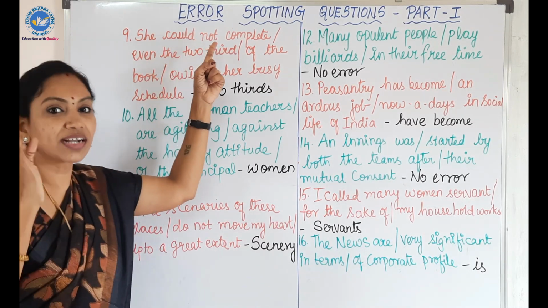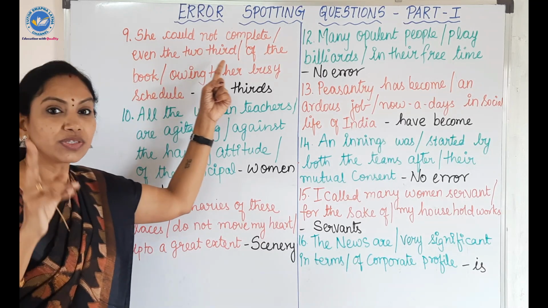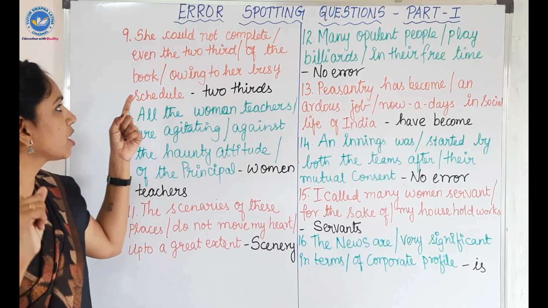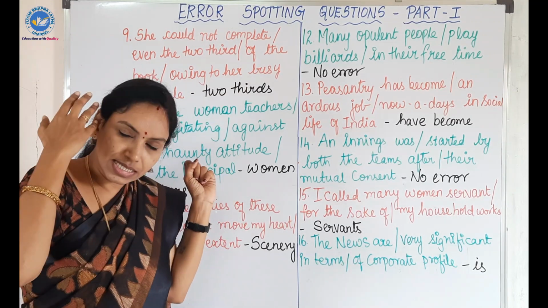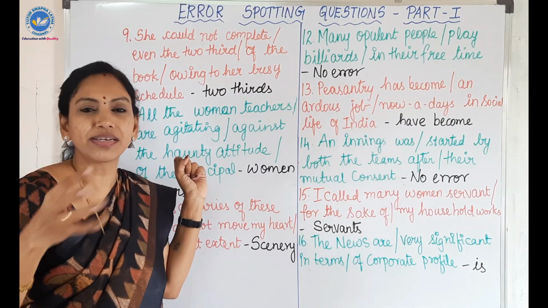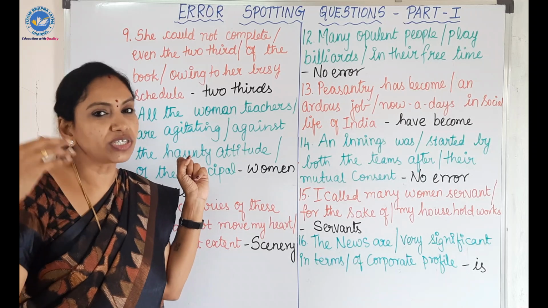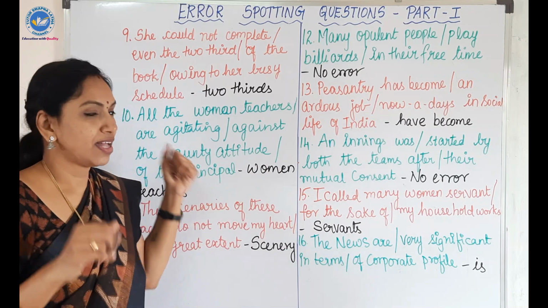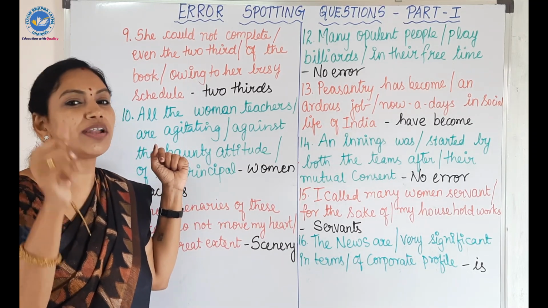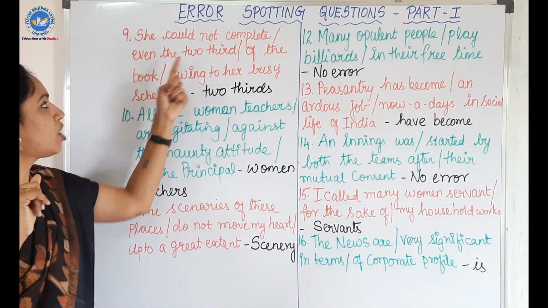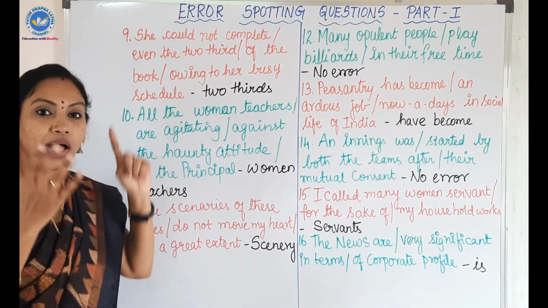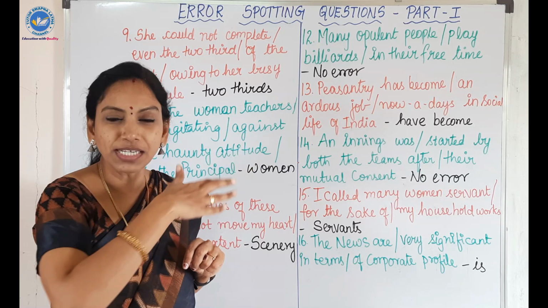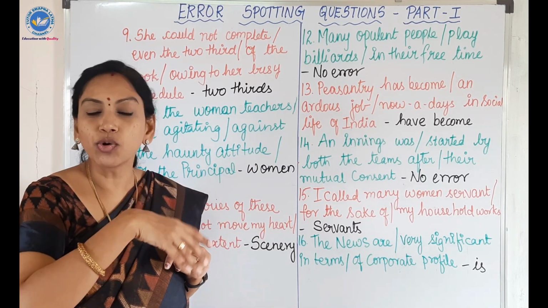She could not complete even the 2/3 of the book owing to her busy schedule. Now what do they mean here? Her busy schedule was there completely. She is very busy with her schedule, and so she could not complete her homework. That is not our task. So what should we find? We should focus only on nouns, not on the verbs. Here, she could not complete even the 2/3 of the book. Book may be singular, but how many pages it has, how many chapters, how many units it has, it's plural, isn't it?